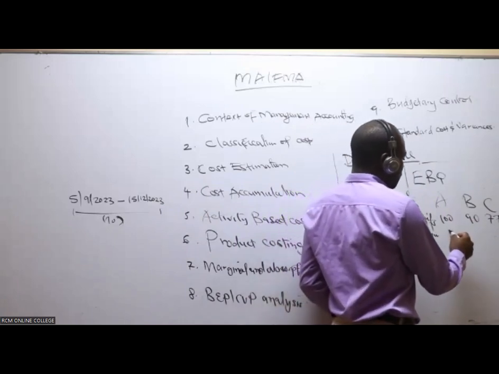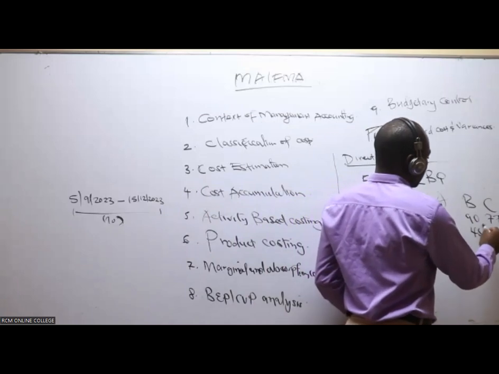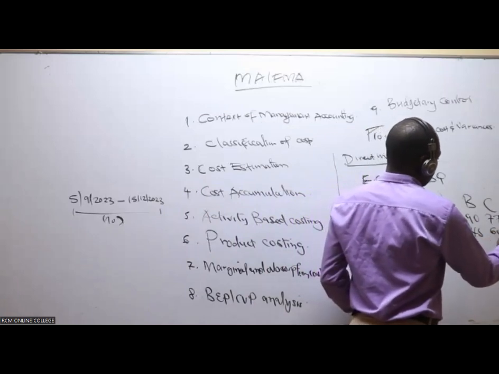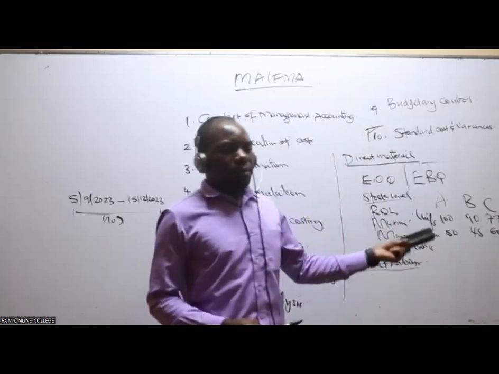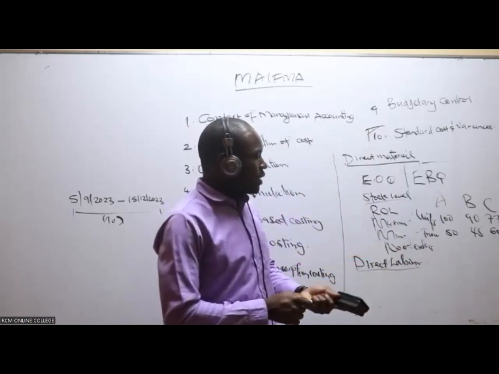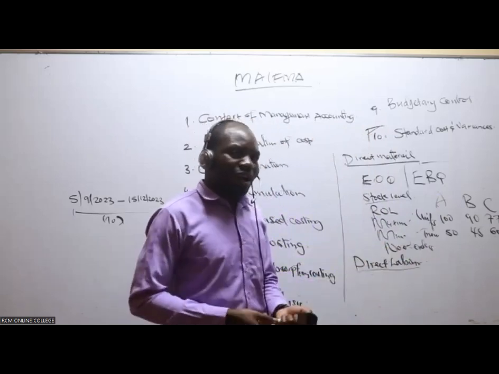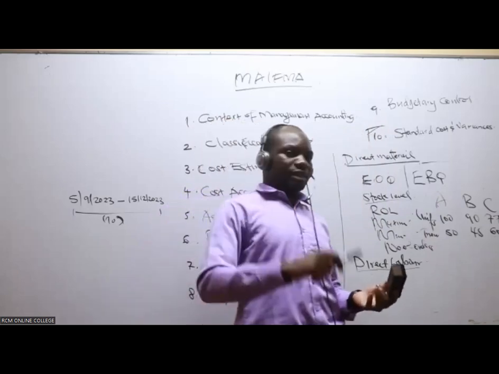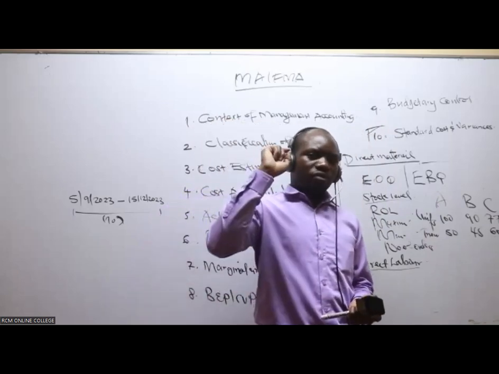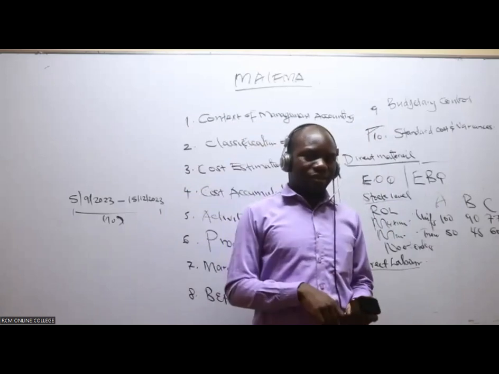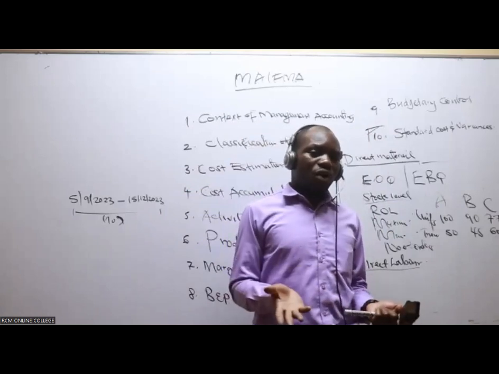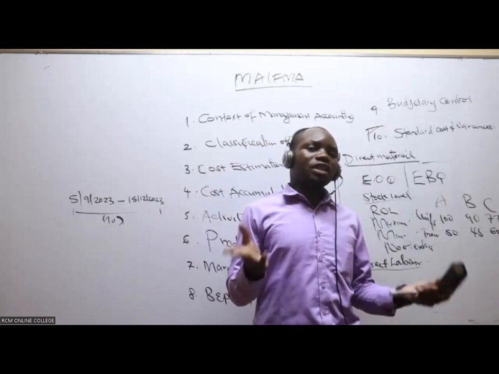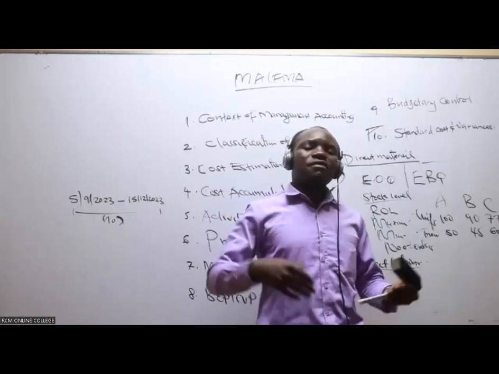Somebody worked for 50 hours, 45 hours, 60. Then from that point, you'll be able to understand that the time allowed for them to work is 40 hours. But somebody worked for 45 hours. Time allowed to work is 40 hours. Somebody worked for 35 hours.